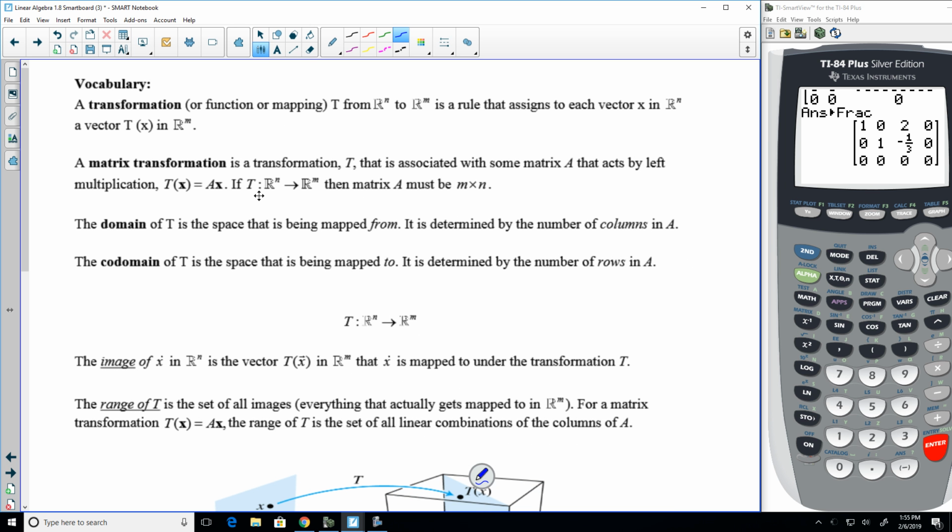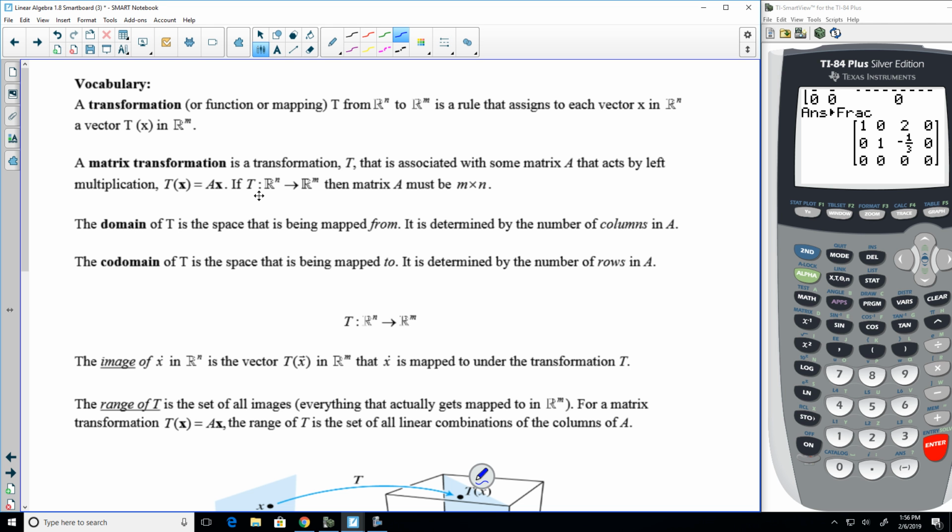So a transformation, or you can call it a function, or you can call it a mapping. They're kind of interchangeable. A transformation, we're going to call it T, from Rn to Rm, is a rule that assigns to each vector x in Rn a vector T(x) in Rm. So instead of f of x for function, we're going to call it T of x for transformation.